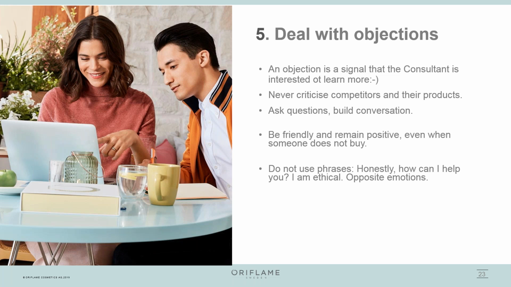And do not use phrases like, honestly, how can I help you? I am ethical. When you talk about Beauty by Sweden, when you talk about the features of the product, when you talk about the advantages, when your voice seems confident, when you are passionate about what you are doing, you do not have to mention these things.